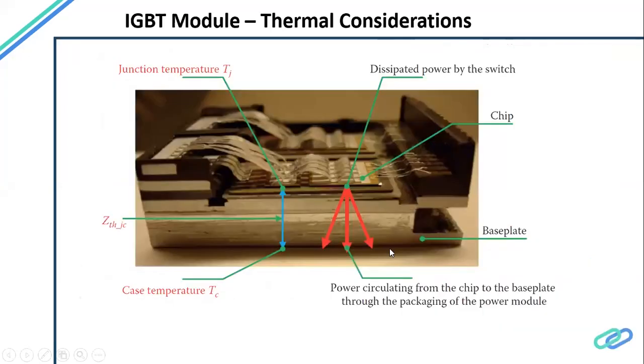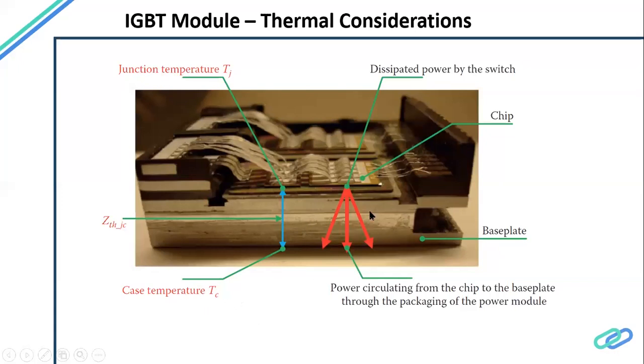And you can see this is where we will be thermally looking into this brick or module. This is where we are mostly interested: the junction temperature of the IGBT or a MOSFET. So this temperature is something very critical for us, because there is a specification on the data sheet that we have to be careful about, right?